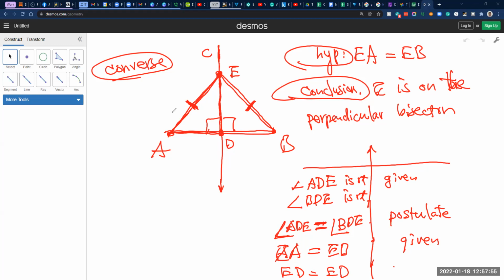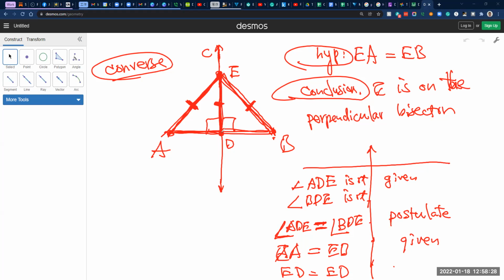And therefore, remember we had a theorem, a proposition we proved before: if we have two right triangles, as long as the hypotenuses are congruent and one of the legs is congruent. So we have that. First of all, we know it's a right angle. And then we know EA and EB are congruent, that's given. And ED is congruent to itself.